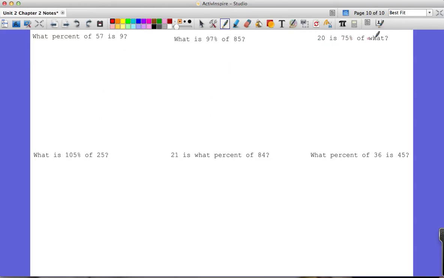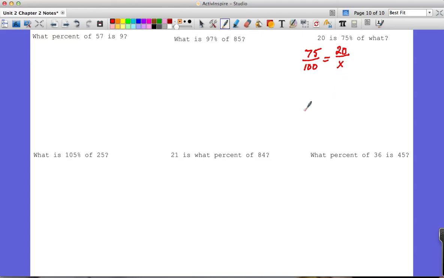So 20 is 75% of what? So I have my percentage that I can change to a fraction. Well, of what means we don't know our whole, but we know our part is 20. So we know that this is a smaller part of a bigger part that we don't know.